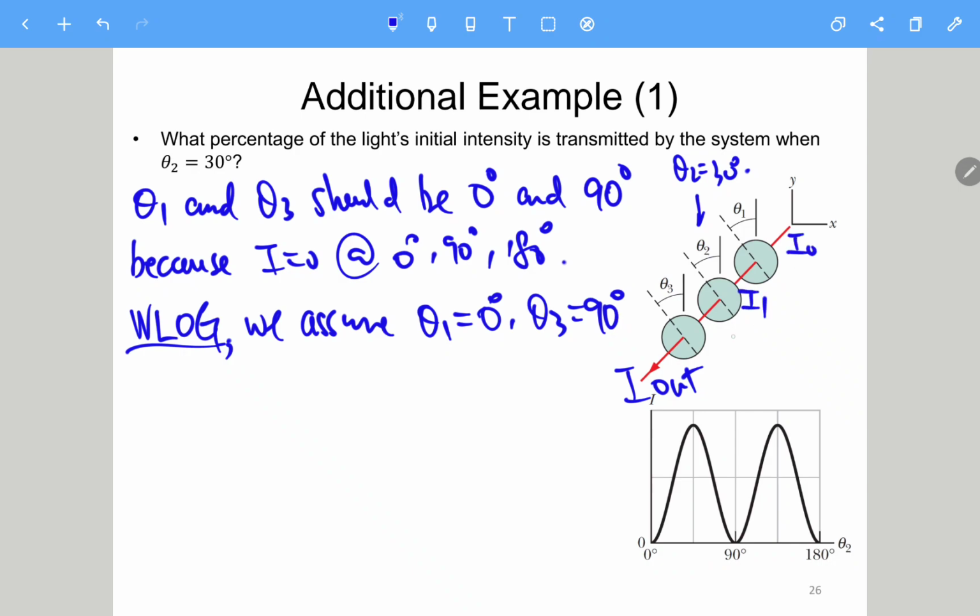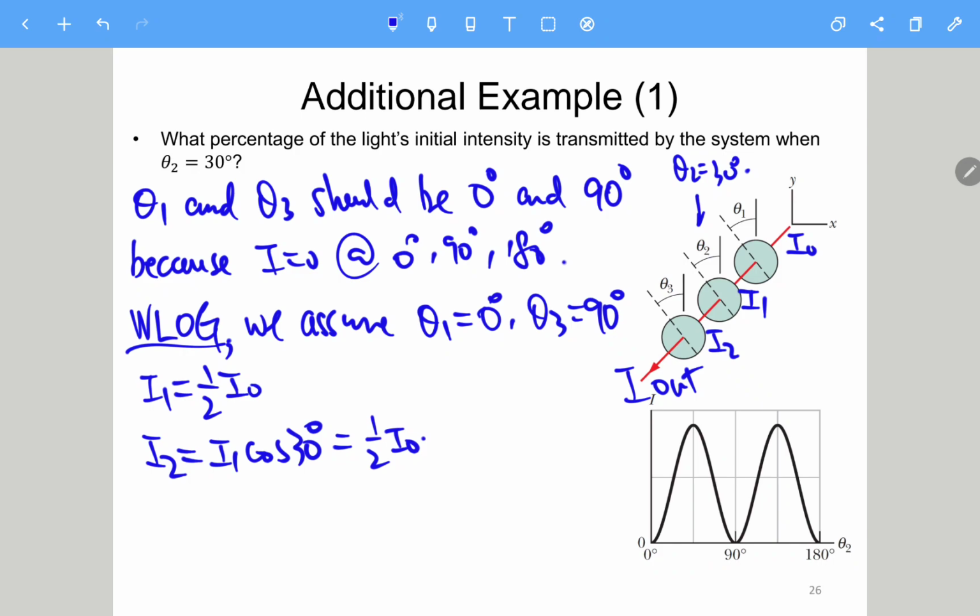This is I0, this is I1, this is I2, and finally I out. Originally I0 is unpolarized, so I1 is nothing but 1/2 of I0. Then for I2, theta 2 is 30 degrees and theta 1 is 0 degrees, so we should have I1 times cosine squared of 30 degrees, which is 1/2 I0 times the quantity square root of 3 over 2, squared.